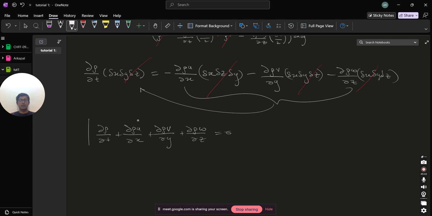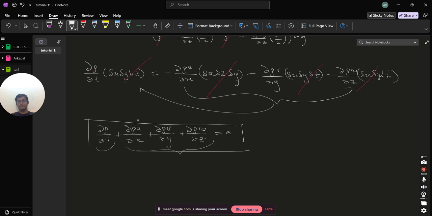Okay, so this is the proper equation for conservation of mass, where we have variable density, and these are the two parts actually. This is the temporal part and this is the convective part.